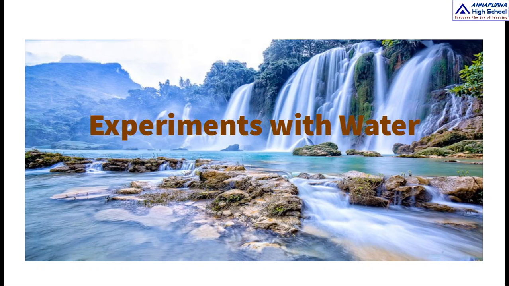Evaporation means how water is converted into vapor. For that we have some examples using a kettle, the water cycle, and the Dandi March. In this class, let's move on to textual questions.